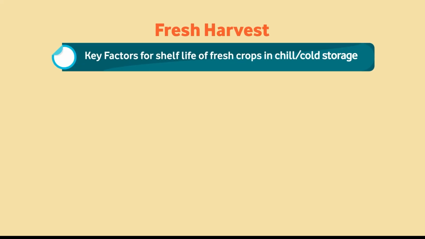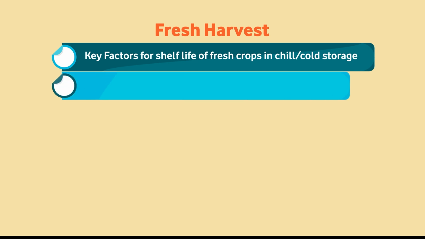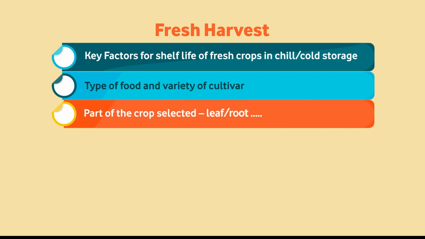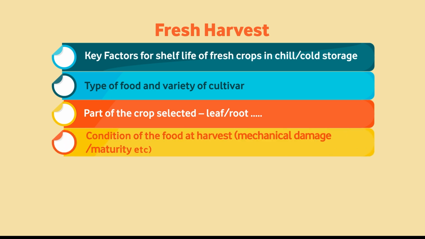Key factors for shelf life of fresh crops in chilling storage: type of food, variety or cultivar, and which part of the crop we are selecting, sometimes a leaf, a root, or a fruit, which could be an actual biological fruit. Their chilling requirements would be different. Then the condition of the food at harvest: is there any mechanical damage, and what was the maturity at harvest. Leafy vegetables we harvest at quite a tender stage; for fruits, we harvest at just the matured stage.